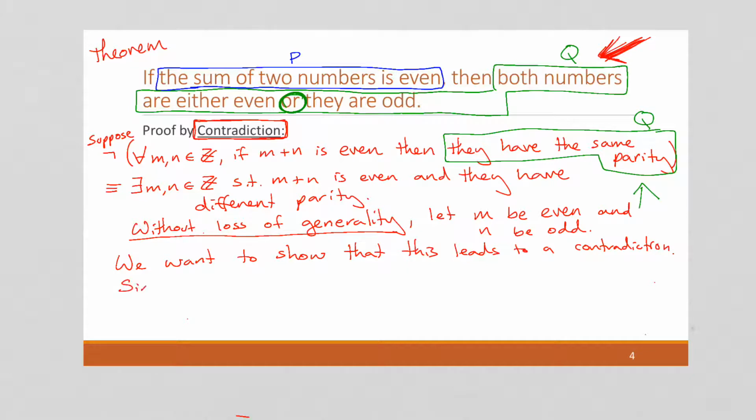Okay. So since m is even and n is odd, we know that m is equal to 2 times some integer k, and n is equal to 2 times, now remember I can't use the same variable k, otherwise I'm implying that these are consecutive integers.